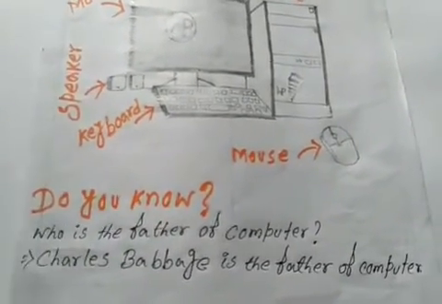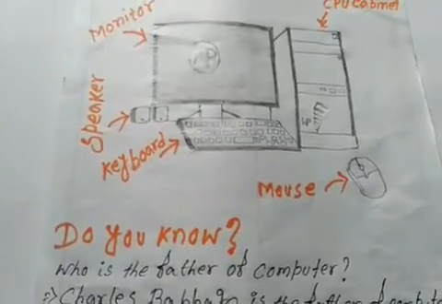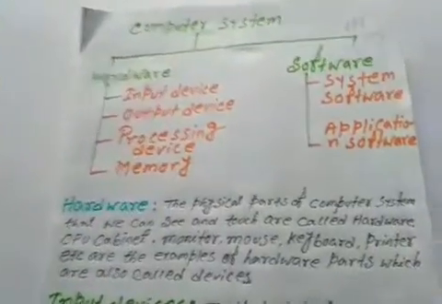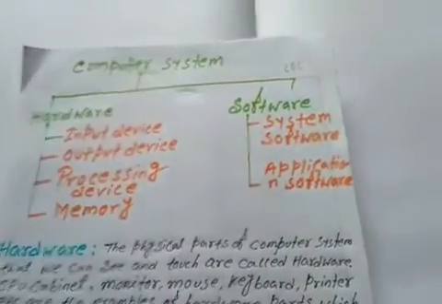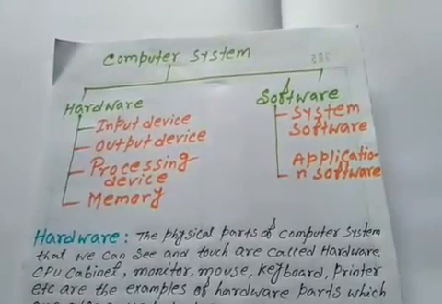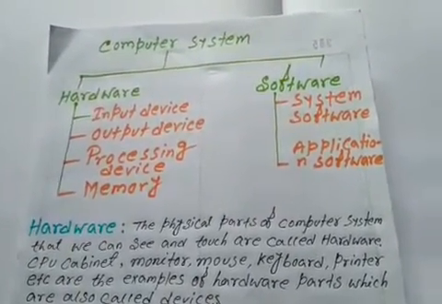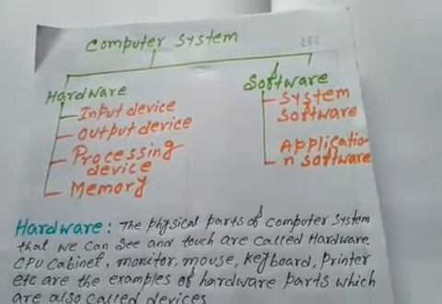Now we will discuss the parts of a computer system. Two basic parts of a computer system are hardware and software.